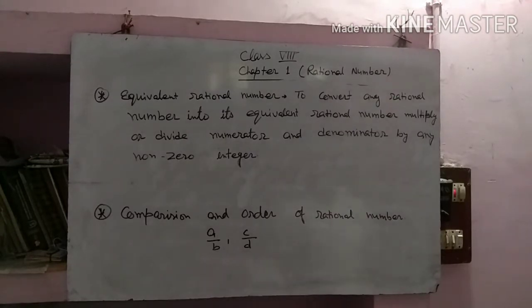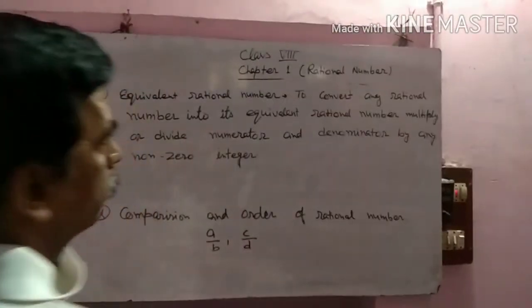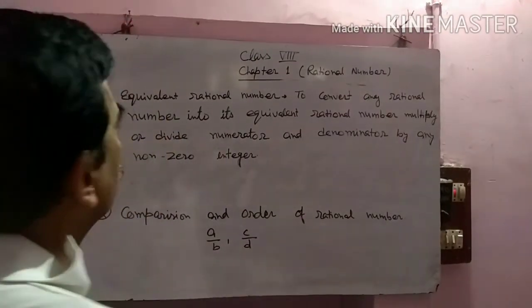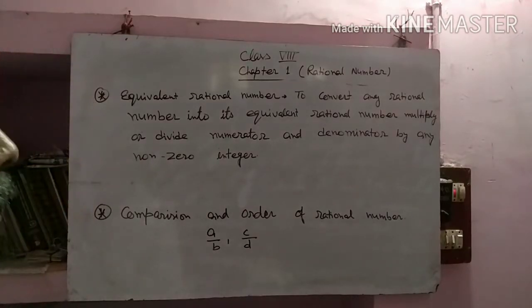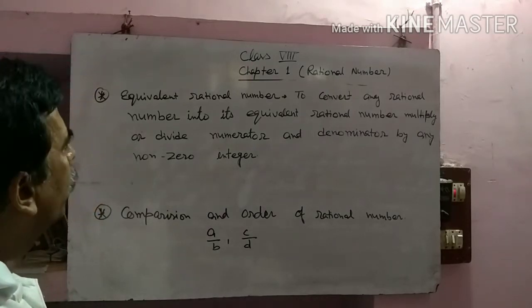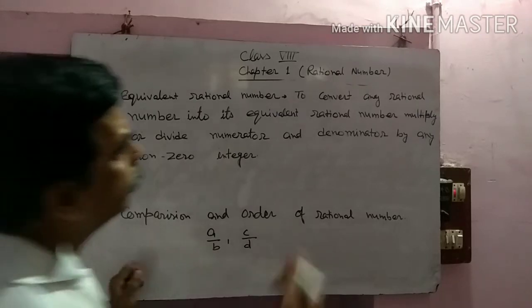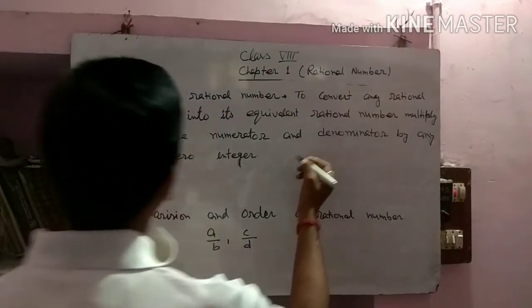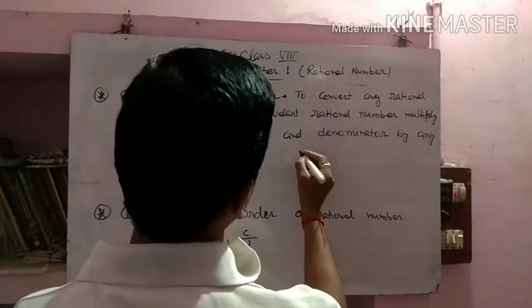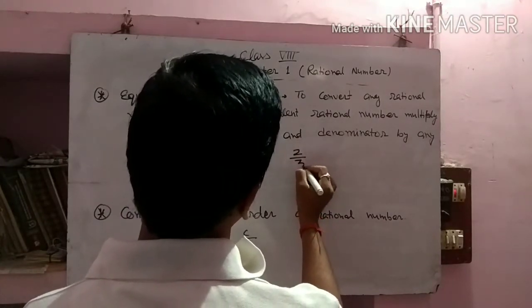Look here, the next term is the equivalent rational number. To convert any rational number into its equivalent rational number, multiply or divide the numerator and denominator by any non-zero integer. Suppose a number is written like 2 by 3.